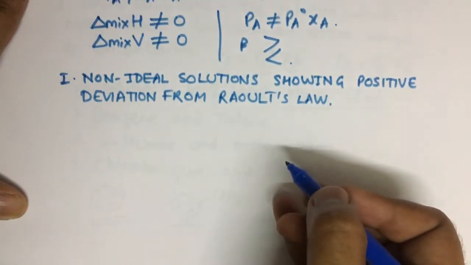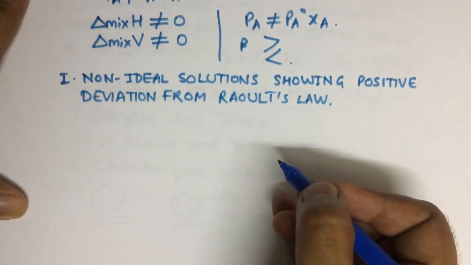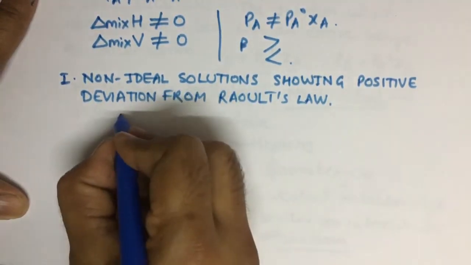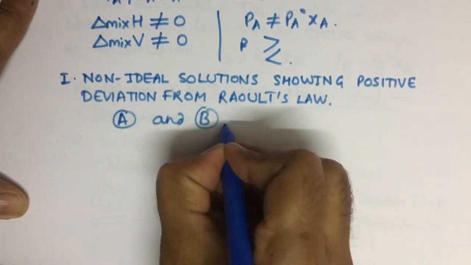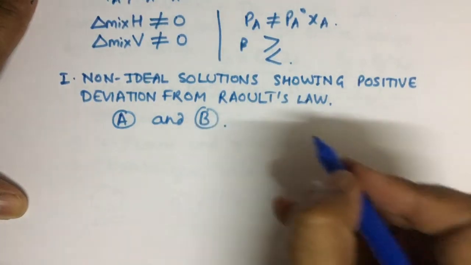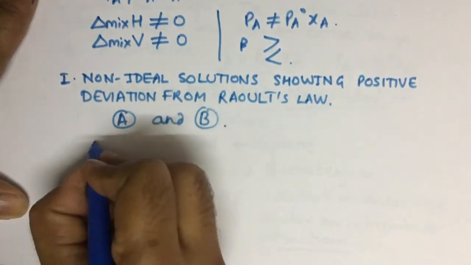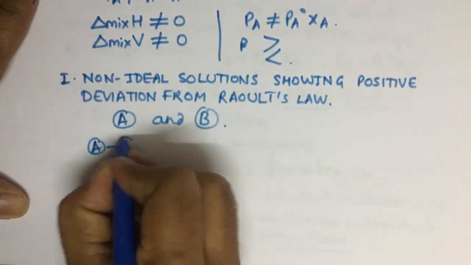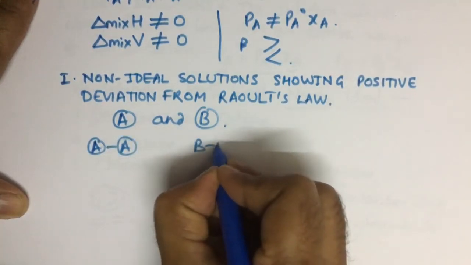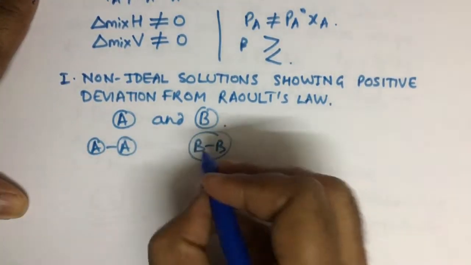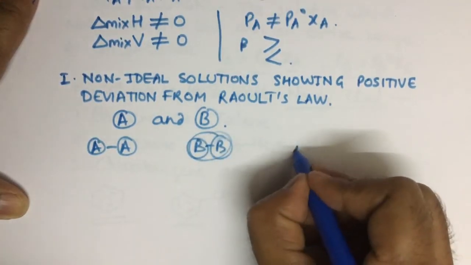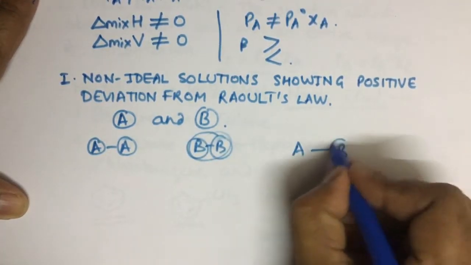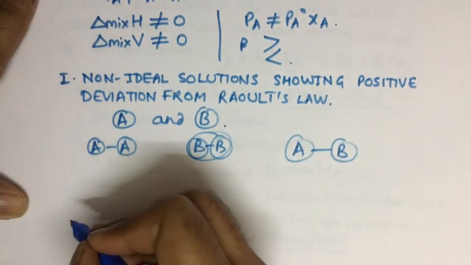Now consider a solution is made by mixing two components A and B. Now in the pure component there is AA type of interaction and BB type of interaction. Now when we mix the two components, new type of interaction developed, that is AB type of interactions.